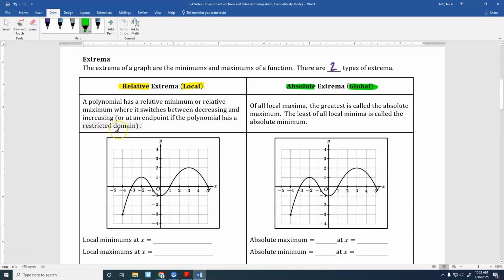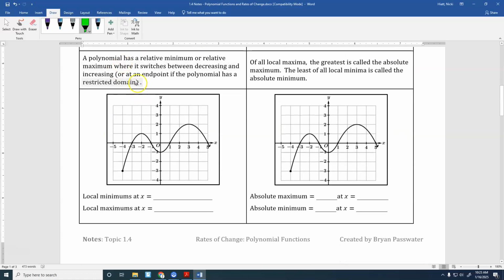This drives me crazy right here. In calculus, endpoints can't be relative extrema, but in Precal they can. And why they did not get together and decide we're doing it this way, between the Precal and the calculus, I don't know. But you're typically going to see relative extrema when you switch between decreasing and increasing.